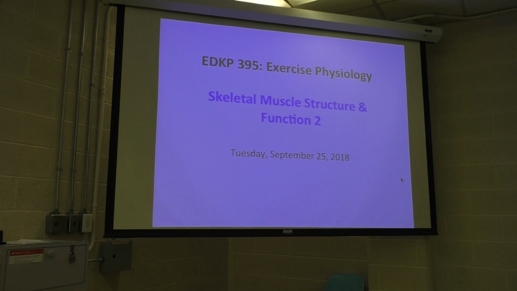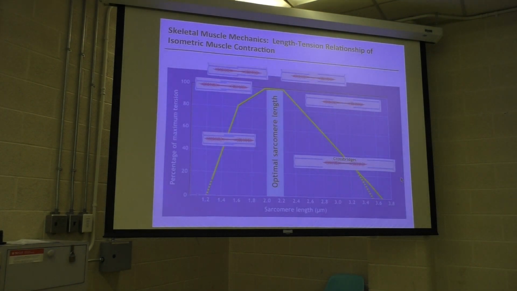Alright, so last time we talked about the molecular mechanisms of contraction, how the functional subunits give rise to forces in the muscle, how those things are regulated, how the ATP cycling works, and pretty importantly how the sarcomere, as its length changes, how the tension develops.